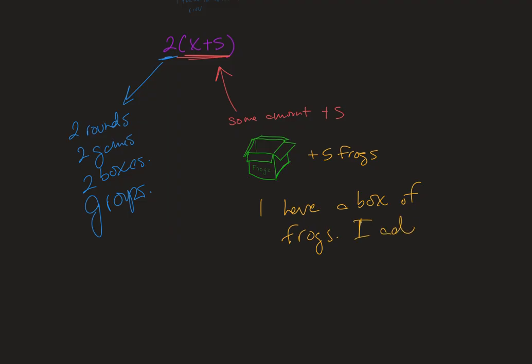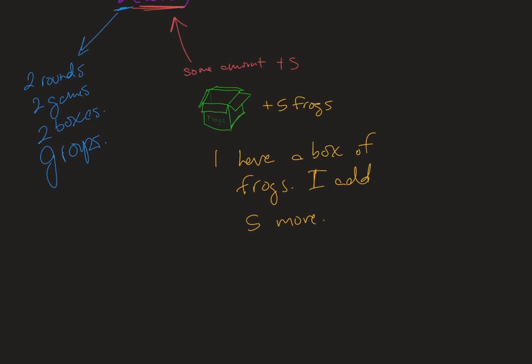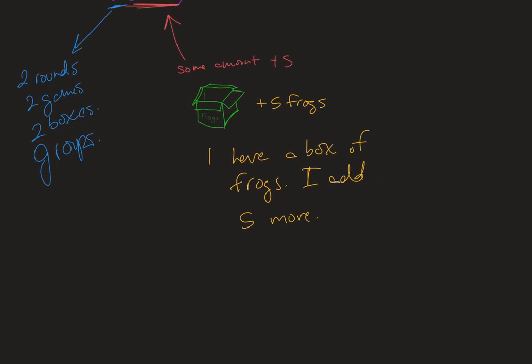I add 5 more. So how many frogs do you have? I don't know, but I have a box that I've added 5 to. And then you could say, I doubled my amount of frogs.